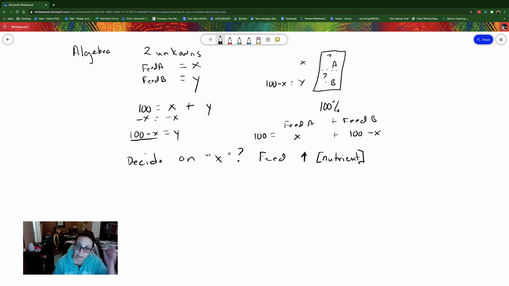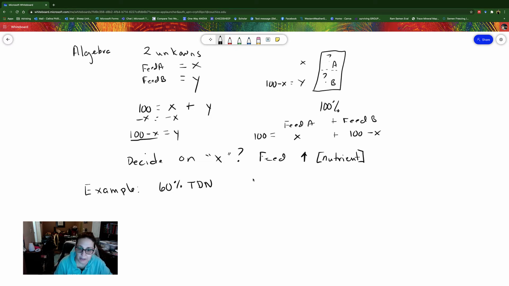So I strongly believe in examples. Let's take a look at a problem. We're going to be balancing a ration for, our goal is 60% TDN. This could be a growing ruminant ration, like a growing steer ration or a lamb ration, where we want a certain amount of energy in our feed.